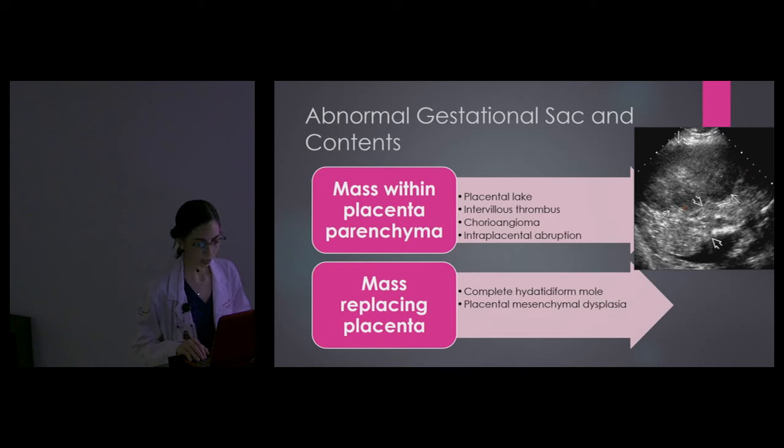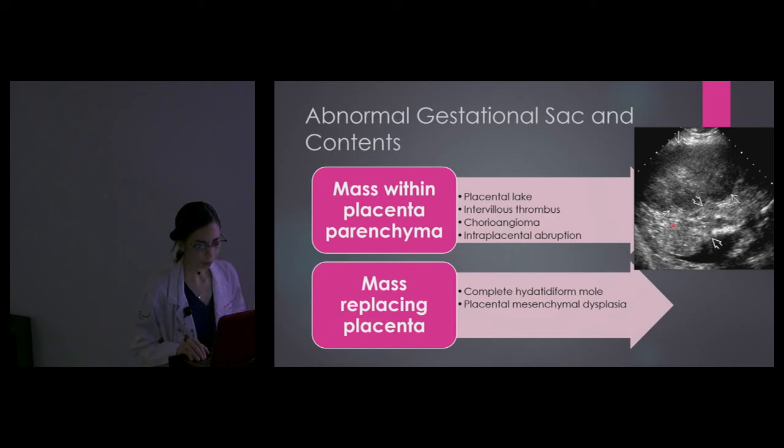In placental abruption, it is important to identify the abruption location, which can be marginal, retroplacental, or preplacental, and the thick placenta may be the only finding that we can see.